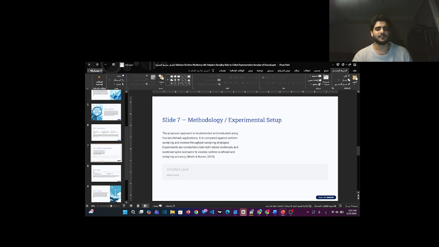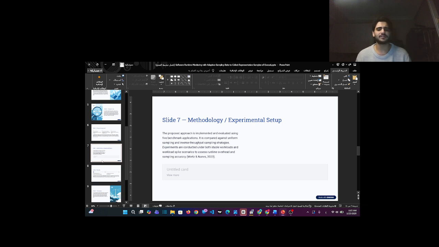So for slide 7, methodology and experimental setup. The proposed approach is implemented and evaluated using 5 benchmark applications. It is compared against 2 baseline strategies, which are uniform sampling and inverse throughput sampling.